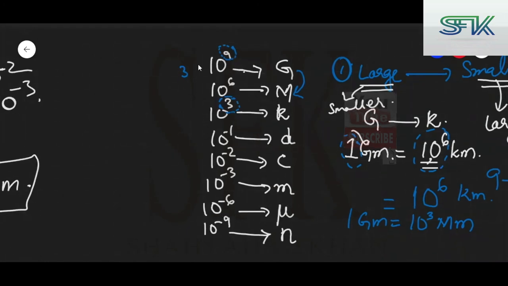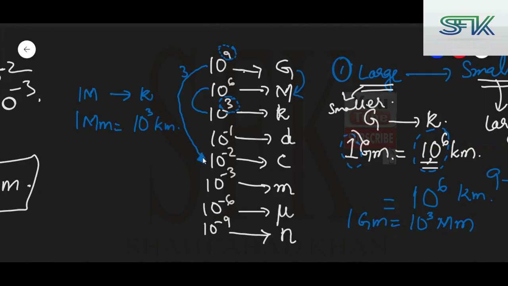If you want to go from, let's say, mega to kilo, then what would you do? Again, mega to kilo is going from larger to small, right? Again, find the difference. It's 3, right? So 1 megameter is actually equal to, again, 10 raised to the power of 3 kilometers. Simple.